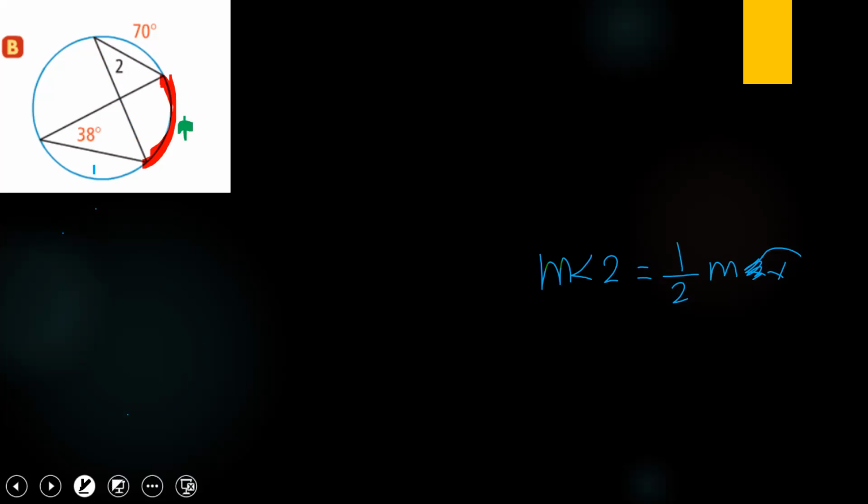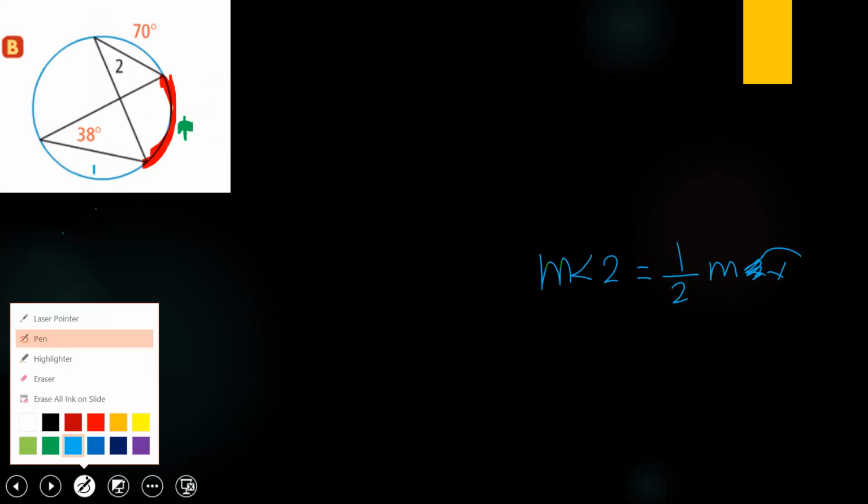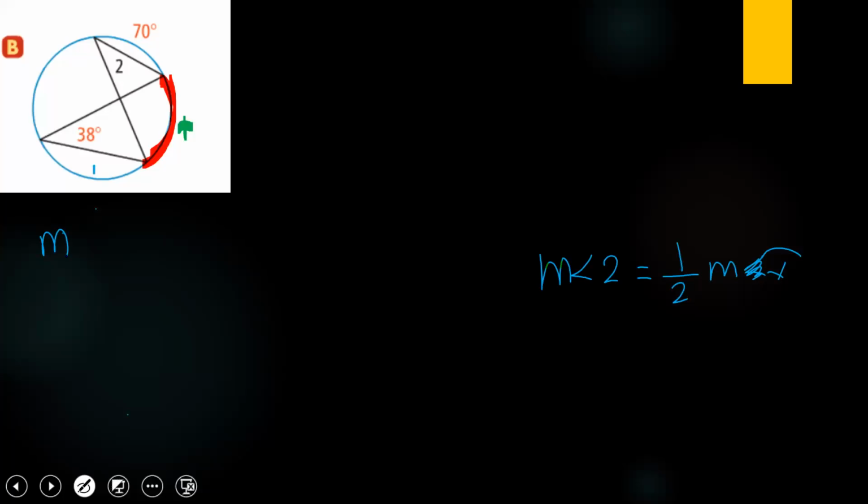So since this angle 38 has this arc, which is x, I can write that the measure of angle 38 will be half the measure of the arc x.